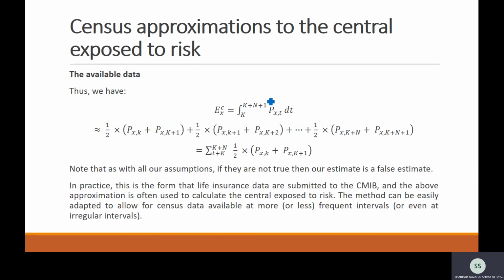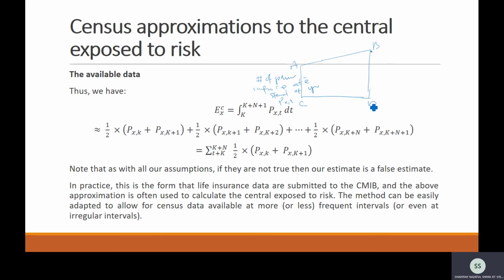If we draw the trapezium, we denote the corners A, B, C and D. A to C is the number of policies in force at the start of the year, PXT.